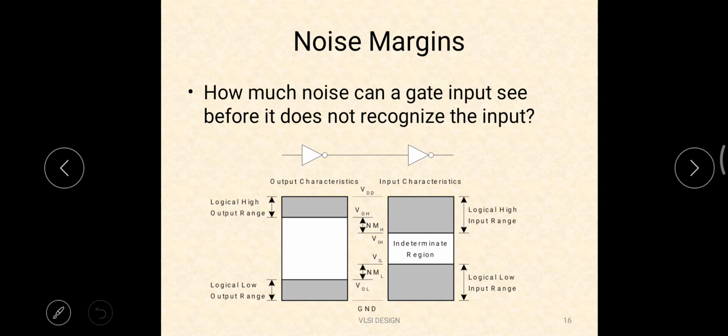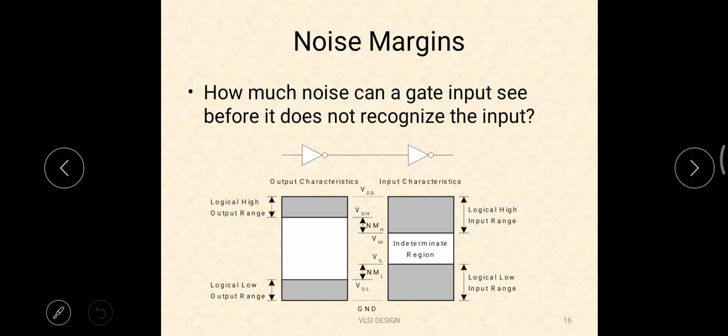Then finally, noise margin. This also we should look into while discussing DC transfer characteristics. What is noise margin? The maximum amount of noise allowed in the input voltage which will not disturb your output. Let me say once again, the maximum allowable input noise voltage which will not affect your output is called noise margin.